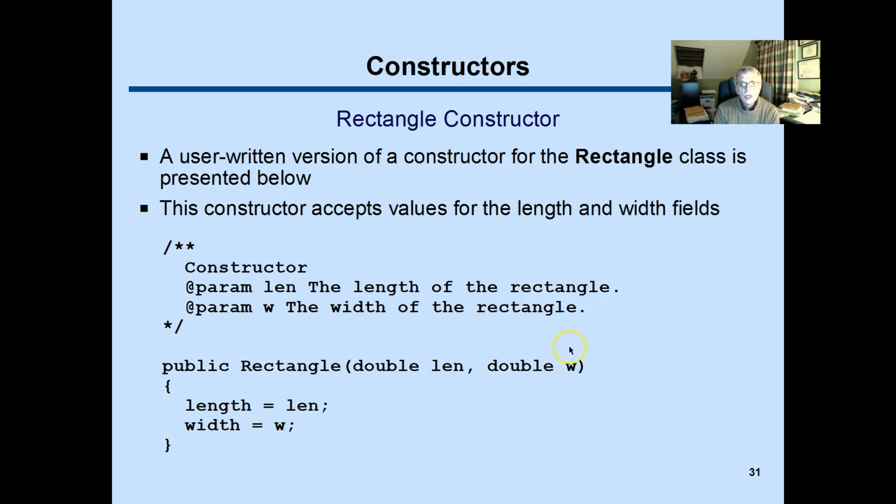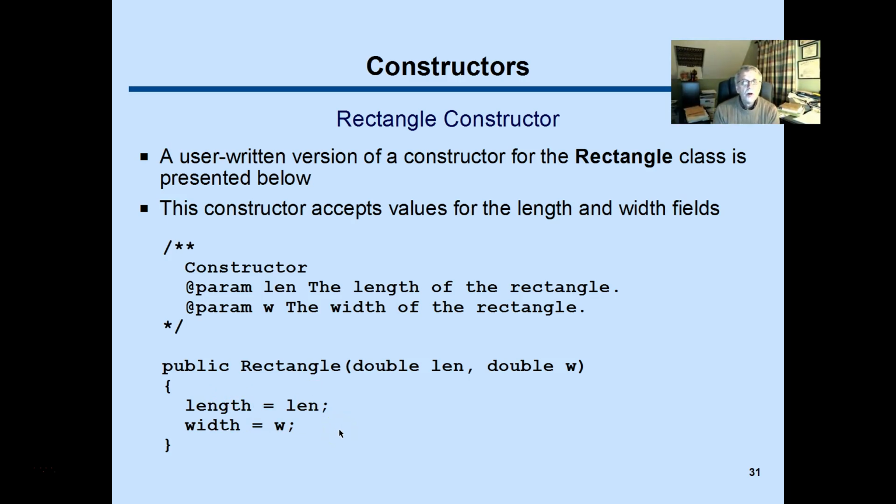So those are important characteristics of a constructor. Here's an example of a constructor for our rectangle class that we've been working on. The constructor accepts values for the length and width. Remember, there's a no-arg constructor created for us automatically, but we're going to create our own. And our own will accept a double, which represents the length, and a double, which represents the width. And what we're going to do is assign those values passed to the constructor to the respective instance variables.